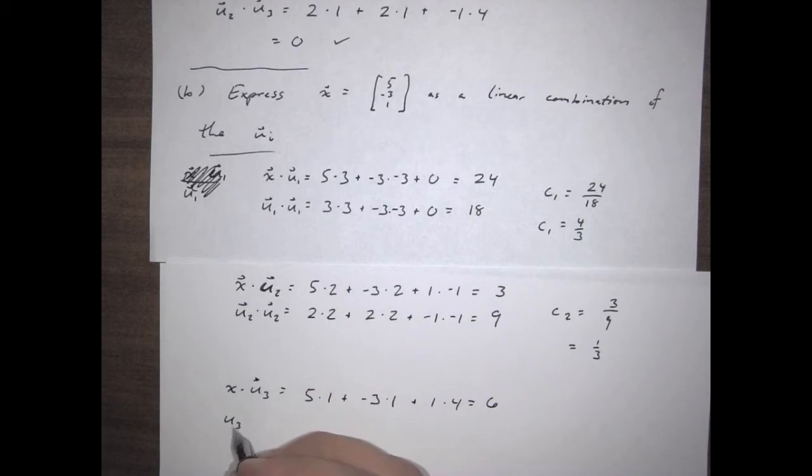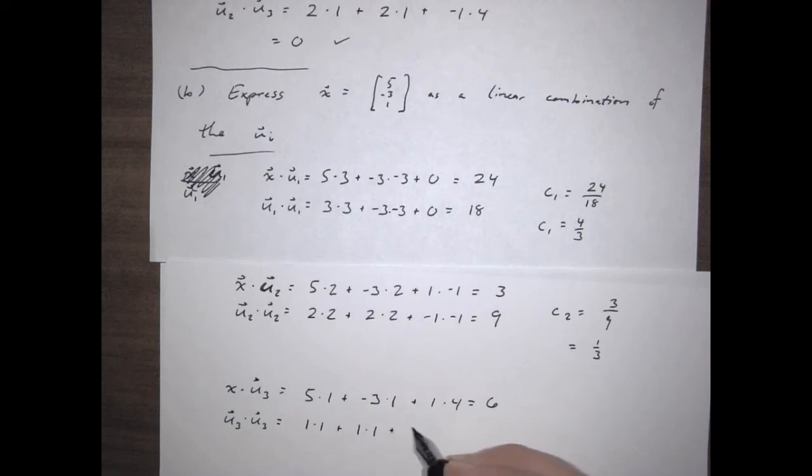And then u3 dotted with itself, in other words, its magnitude squared, is 1 times 1 plus 1 times 1 plus 4 times 4, which is going to equal 18, which gives us a C3 equal to 6 over 18, or in other words, 1/3.